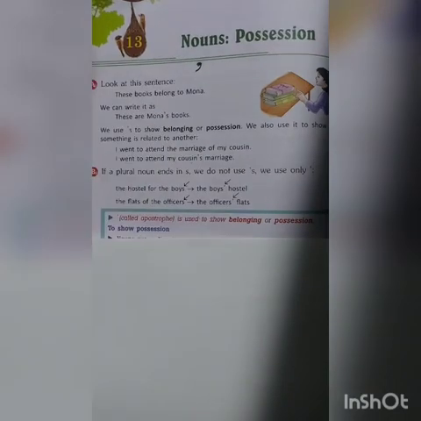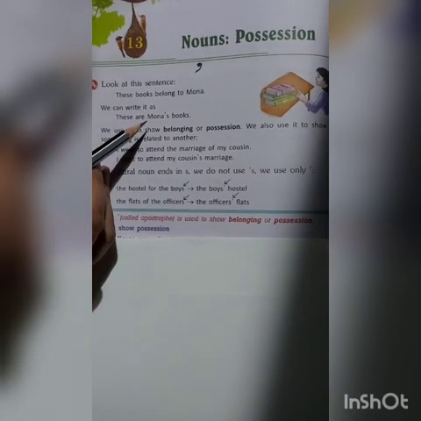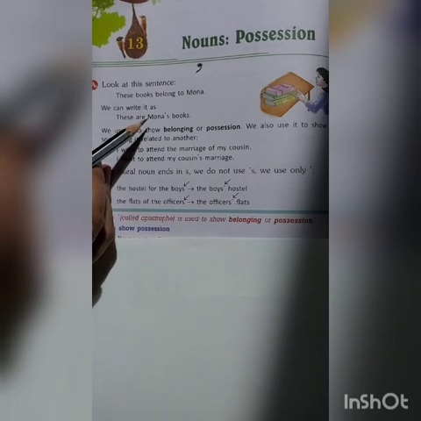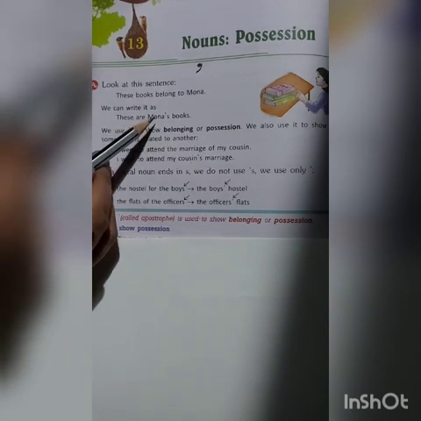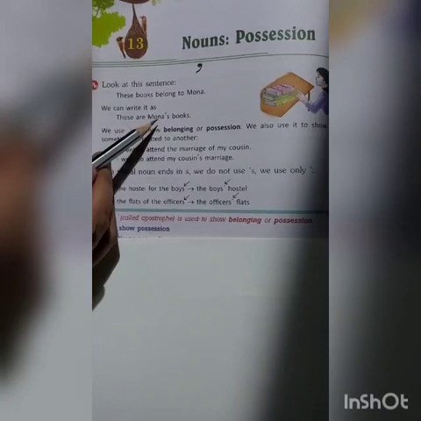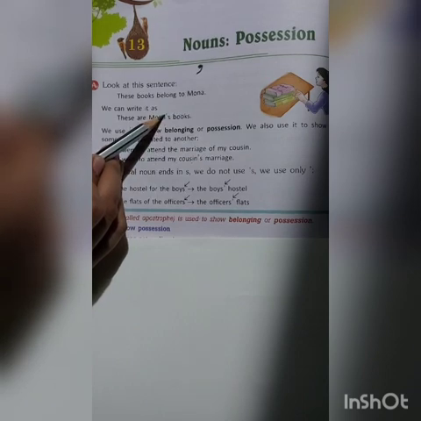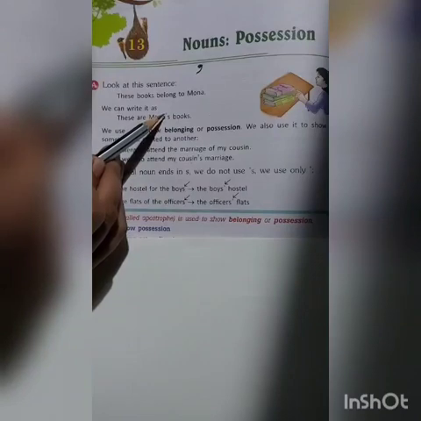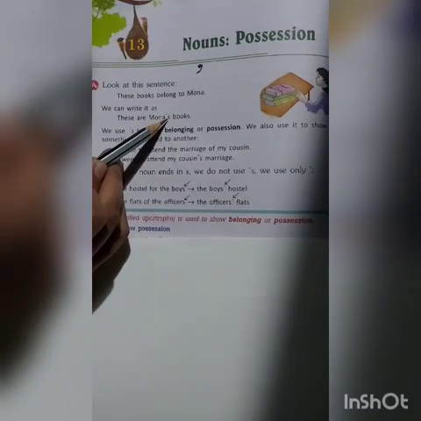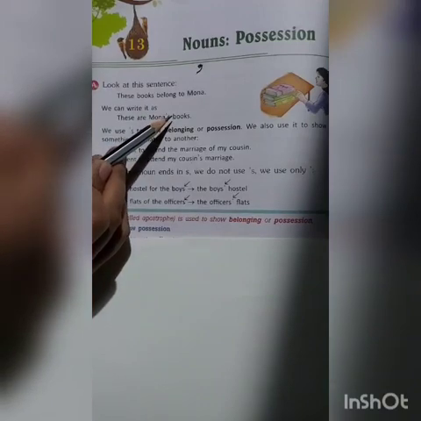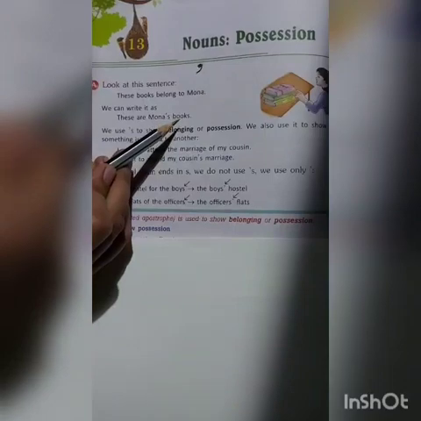Okay? So here we have first written the name of the person who possesses the books. Who possesses the books? Mona. And then there is an apostrophe. Can you see this small hook-like thing at the top? This is an apostrophe. And then we put an S. And then whatever he or she possesses.